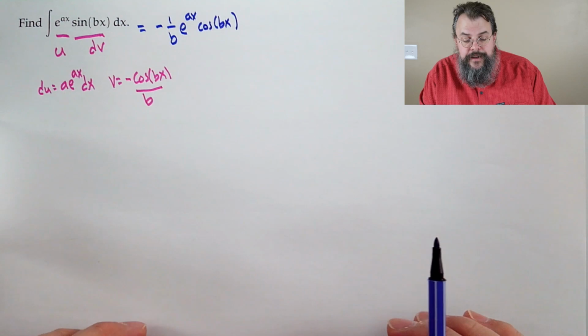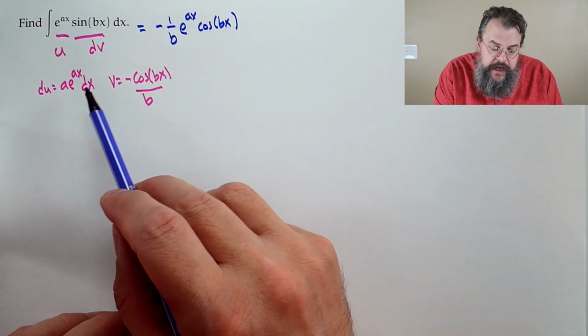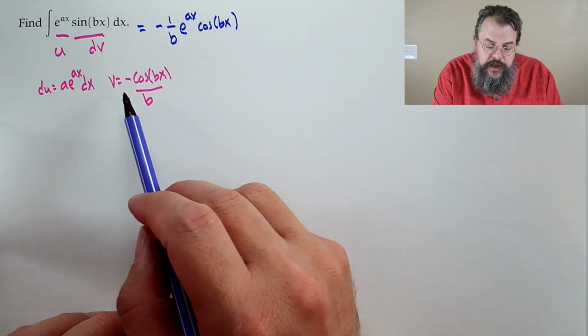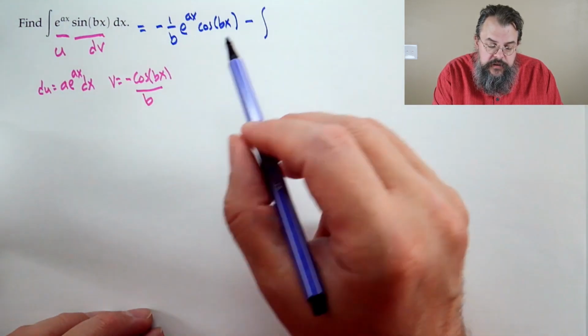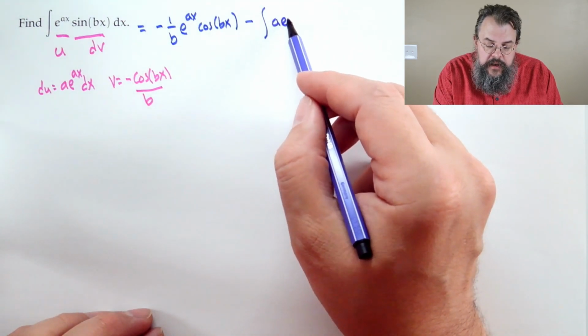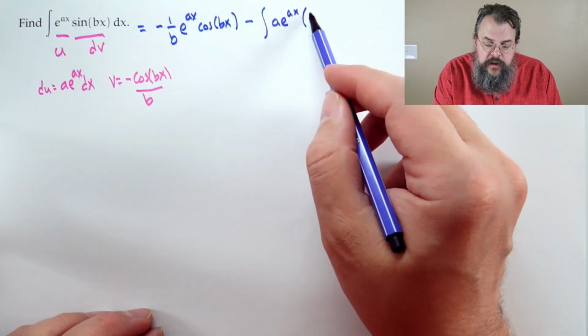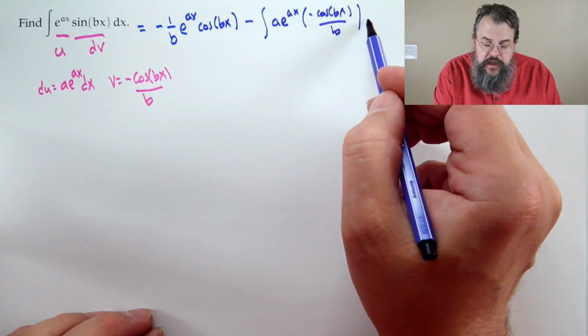All right, good. But we're not done yet. Minus the integral of v du. So minus the integral of, and we'll write it as a e to the ax minus cosine of bx over b dx.